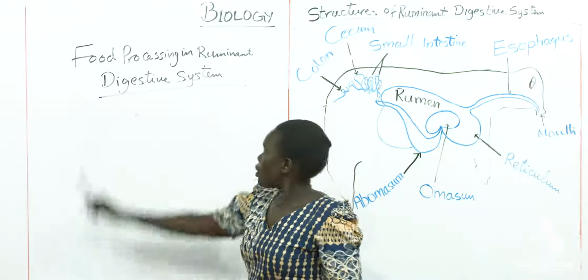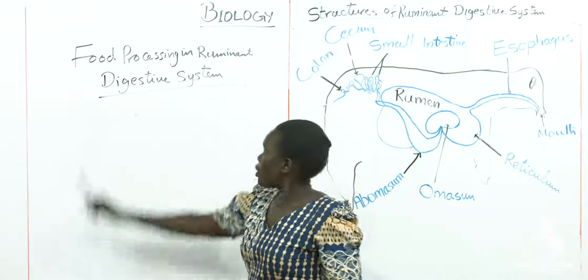Here in the rumen, this room contains many microorganisms like bacteria, fungi, and some protozoa. The function of these organisms is to break the roughage, that means to digest the cellulose. So in this room, what takes place is the breakdown of cellulose.